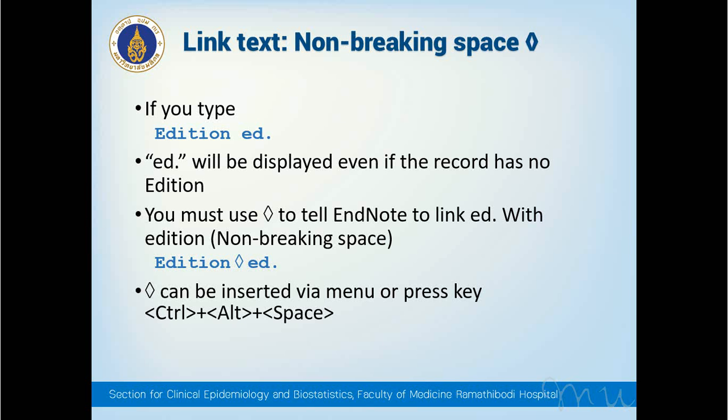But whenever that article doesn't have an edition, it will put nothing for the edition, but it will still show the ed here. Okay. So if you want the word to display only when the field is not empty, you have to link these two together with the diamond-shaped symbol here. So this one will be displayed only when the other one is not empty.